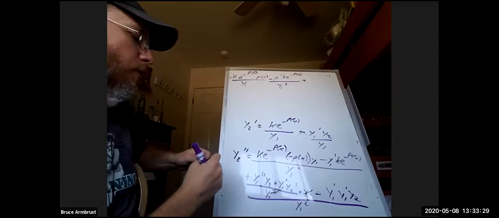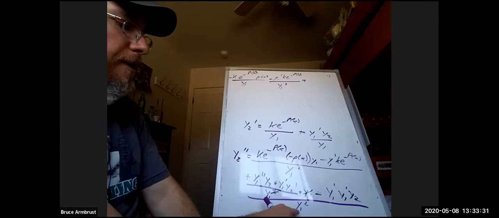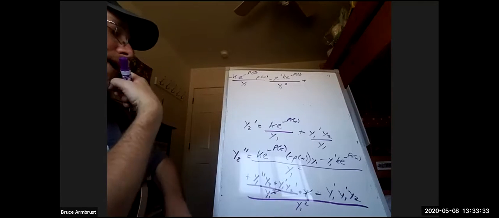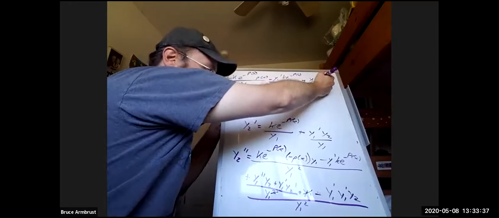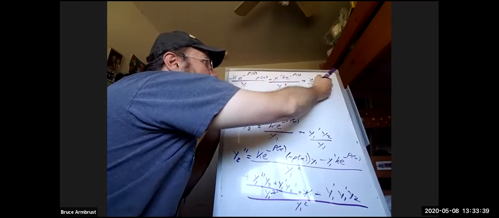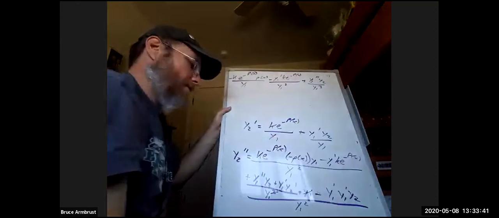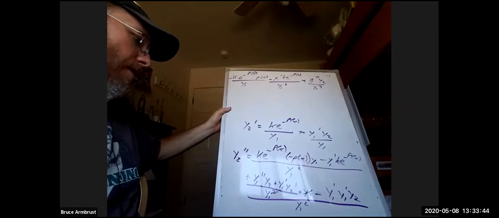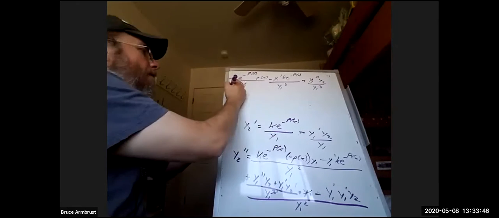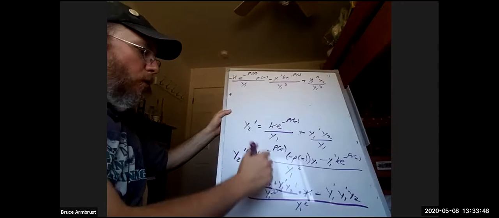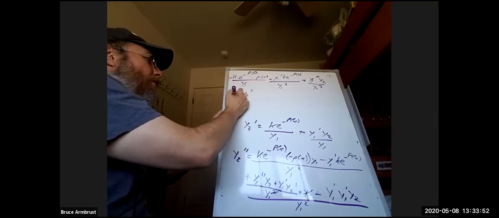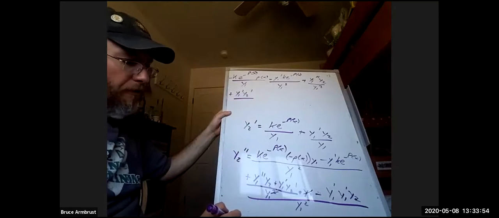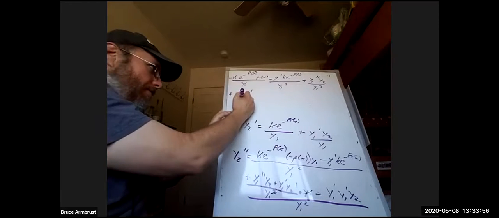So we only have one of those on the bottom, which then when I multiply by that y1 squared gives me y1 double prime y2 over y1 cubed, plus y1 prime y2 prime over y1 cubed.